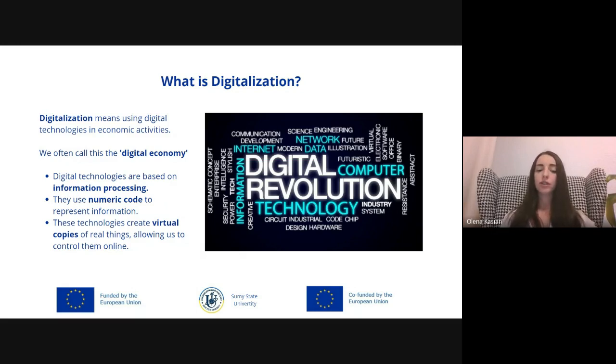So digital technologies play an extremely important role as they create a virtual copy of a physical object, enabling the management of material processes through virtual spaces, including electronic devices and the internet.